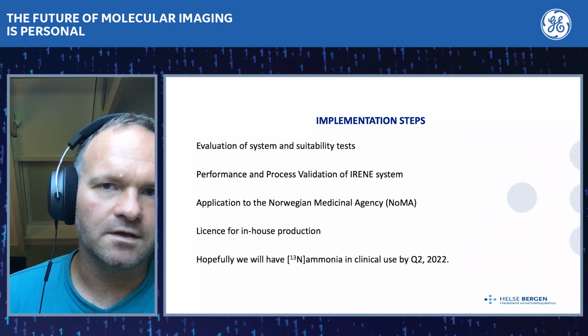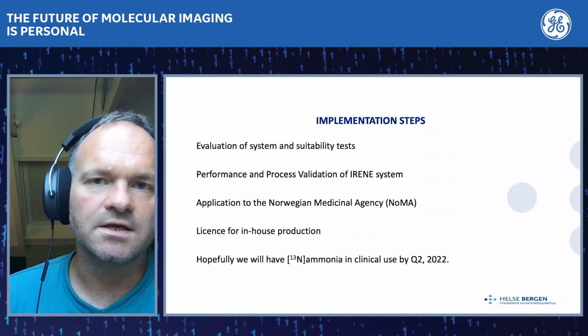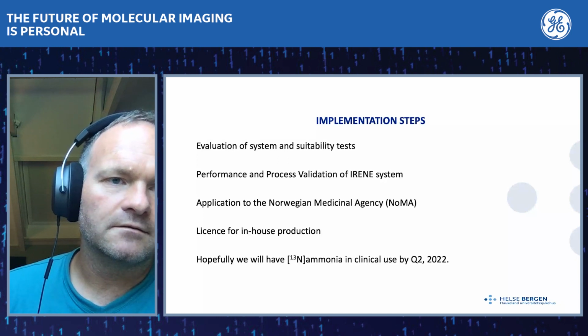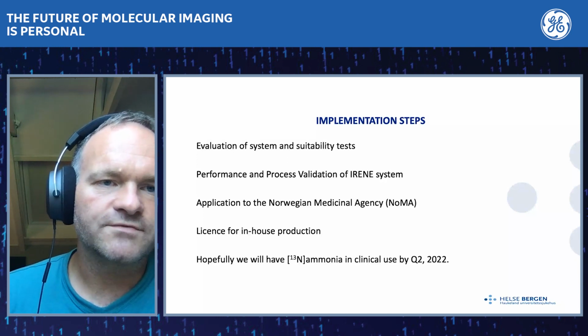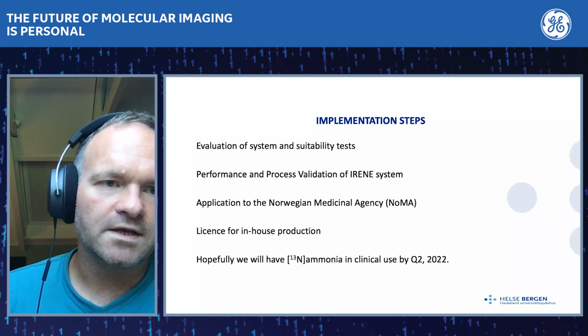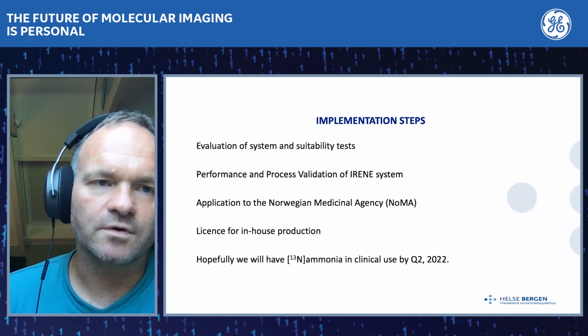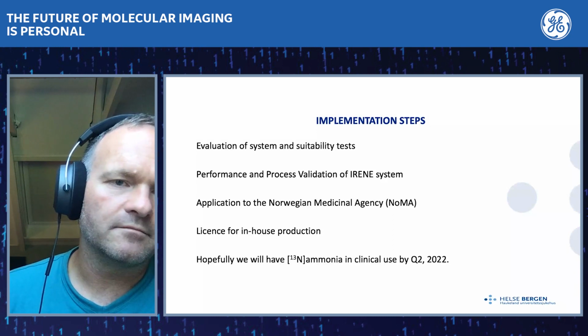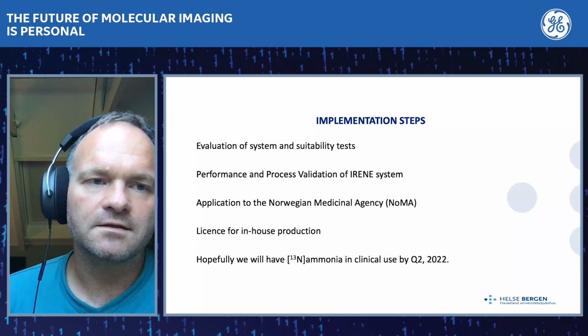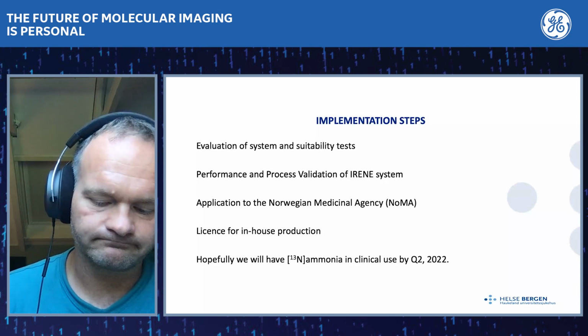We're now doing an evaluation together with GE on the system, and then we have to do the performance and process validation of the system, which will be a dossier which we'll hand into the Norwegian Medicines Agency for approval and get a license for in-house production. And with those steps being taken, we hopefully will have ammonia in clinical use by the second quarter of 2022.